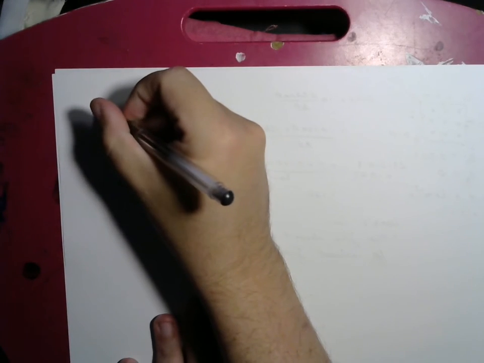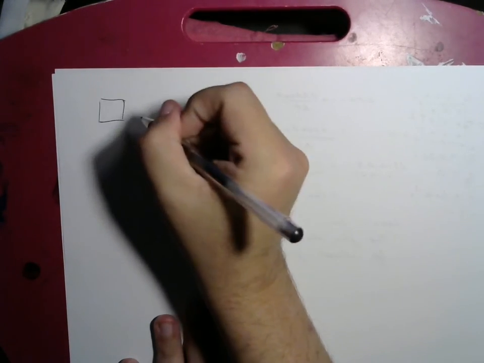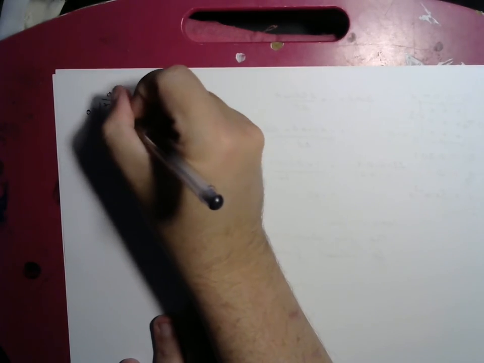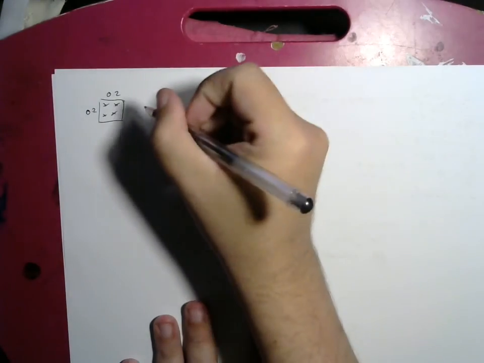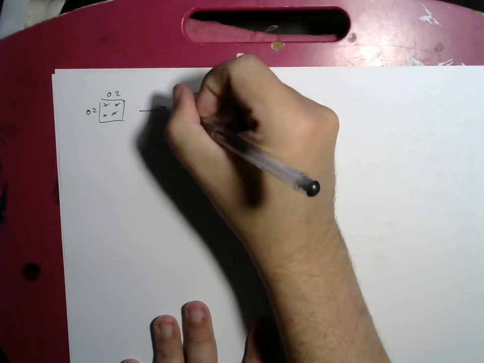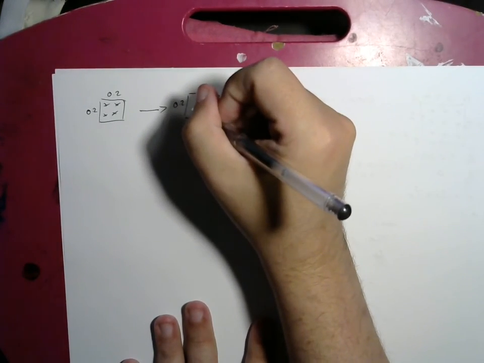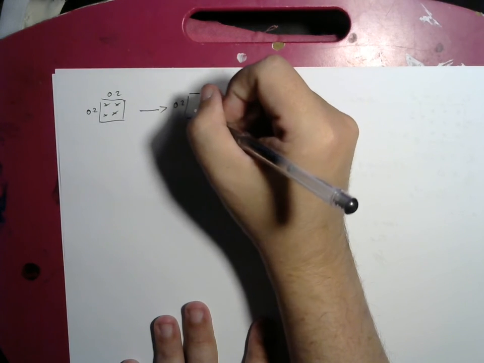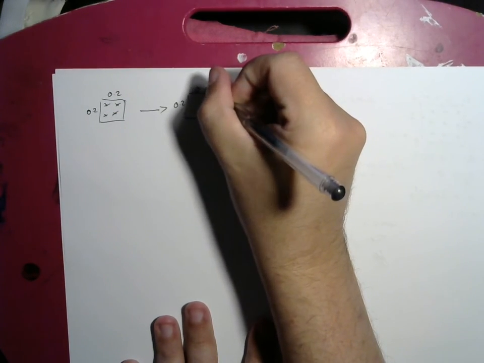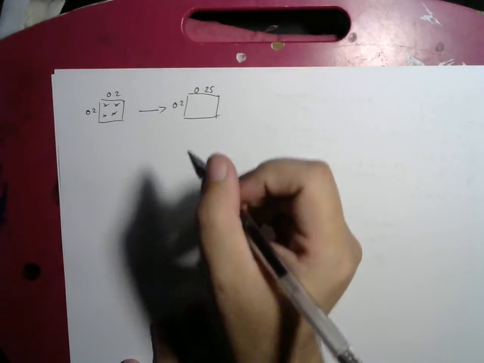Okay, copying down the diagram here. So we initially have an area like this, which is 0.2 by 0.2. Put a few crosses in it, and it becomes 0.2, and we add an extra 0.05, so that would be 0.25.